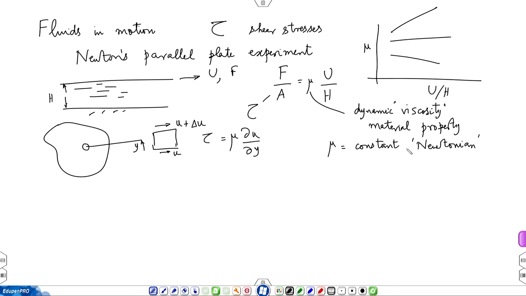And sure enough, fluids that do not exhibit that behavior are said to be non-Newtonian. So, if you look at all possible fluids, most of them are non-Newtonian, but if you bring in their abundance, most fluids are Newtonian.